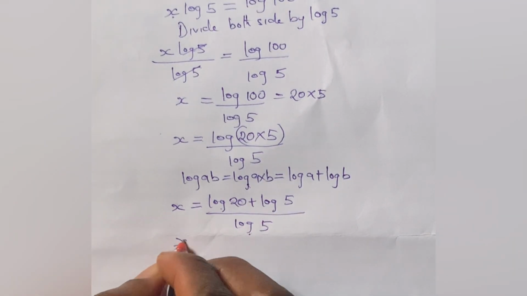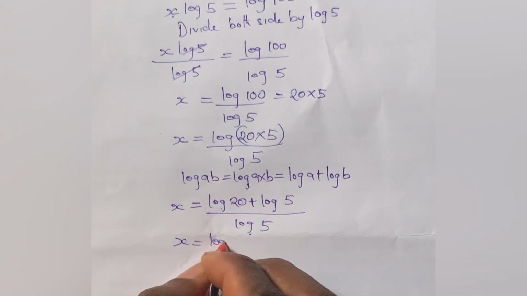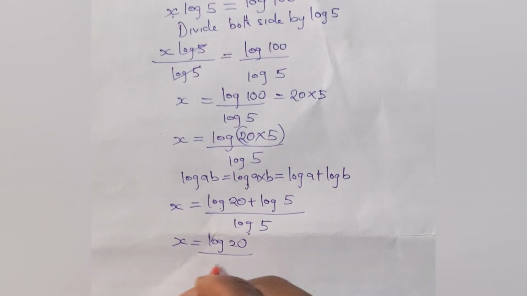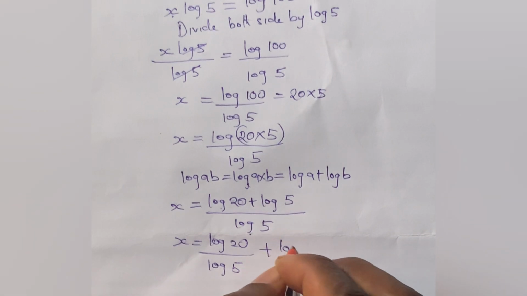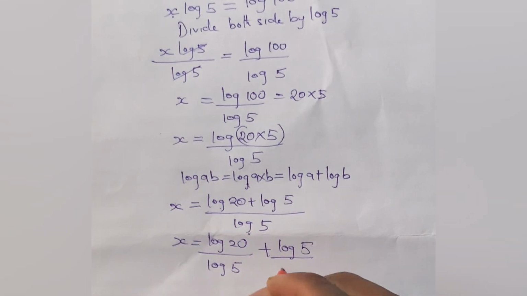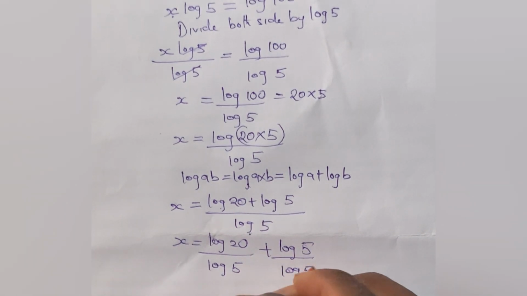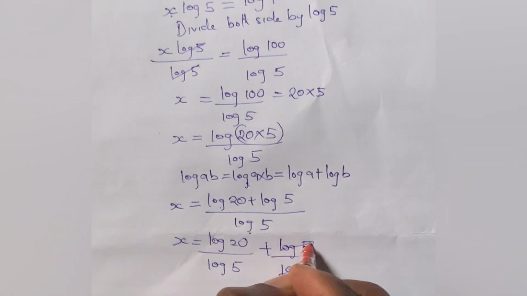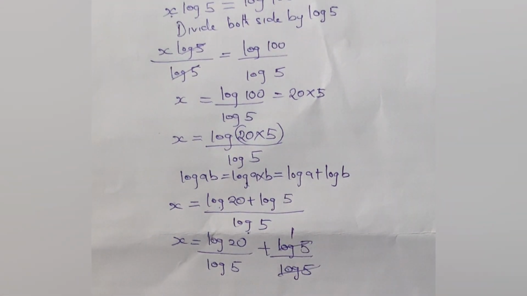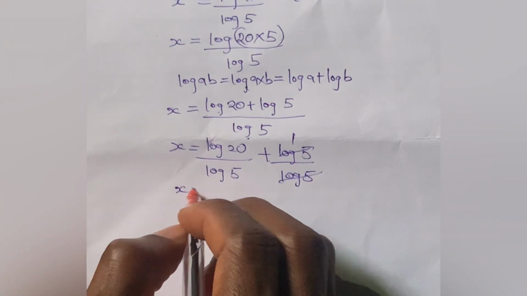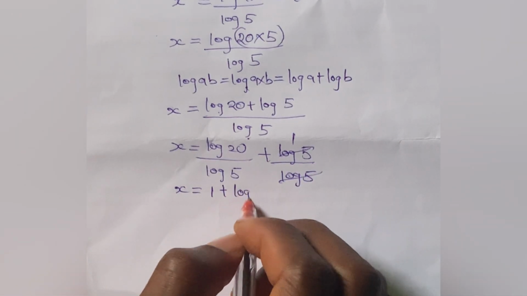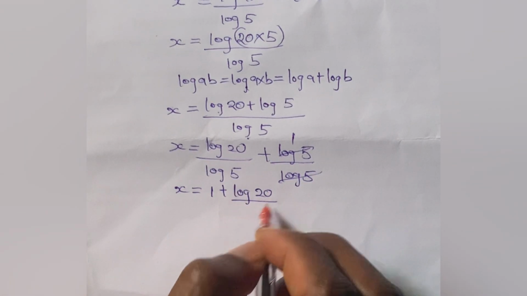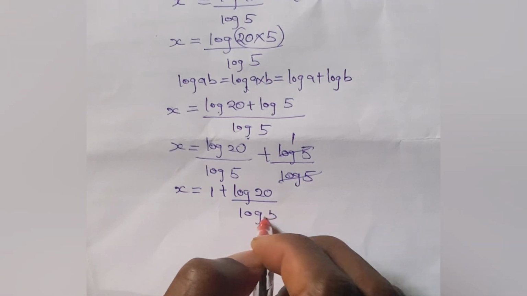So we have that x is equal to log 20 over log 5 plus log 5 all over log 5. The log 5 can cancel each other, we'll have 1 here. Okay, now we'll have that x is equal to 1 plus log 20 over log 5.